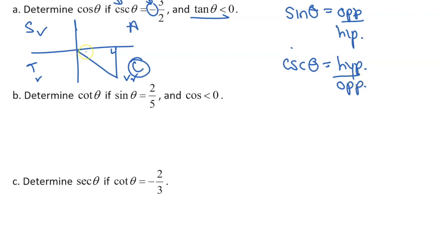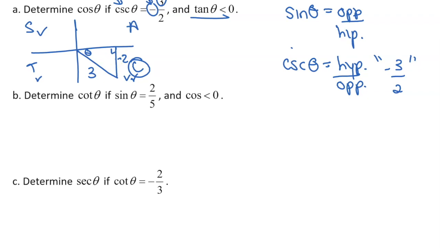So from here, our reference angle, our hypotenuse is going to be a 3, and our opposite is going to be a 2. And we could put a negative there to say that it's going down.